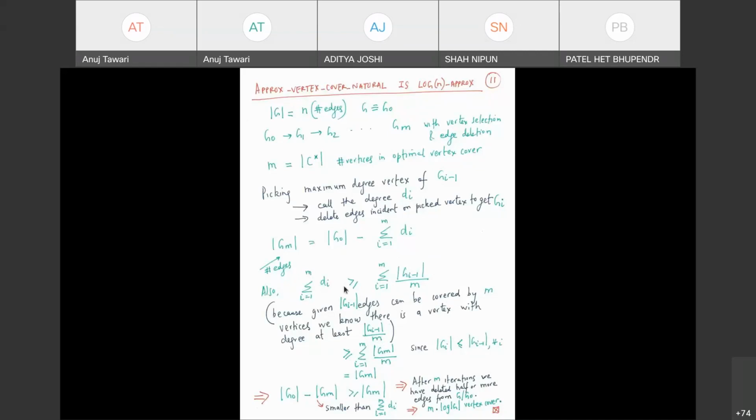So that's what we get, a lower bound on d_i. The d_i is at least G_{i-1} by m, because we are always picking a maximum degree vertex, and we said that there is a vertex with degree at least this much.